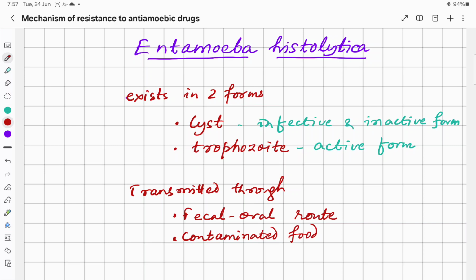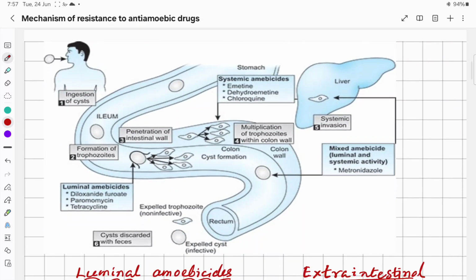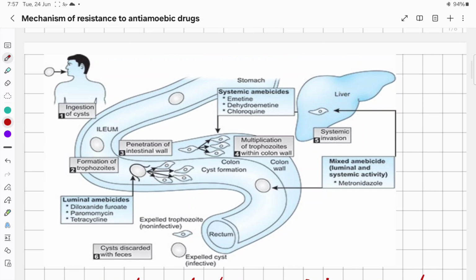And this cyst, which is the infective form, helps in transmission of Entamoeba histolytica through the fecal oral route. So the source of amoebiasis is contaminated food. Through contaminated food, the cyst is ingested, and in the small intestine the cyst wall is weakened and releases the trophozoites.